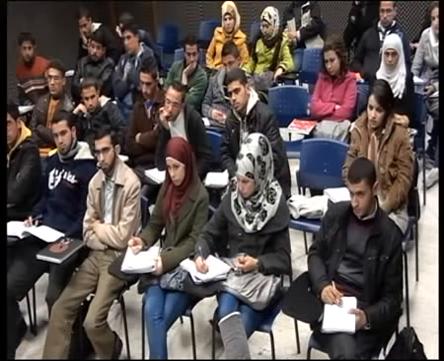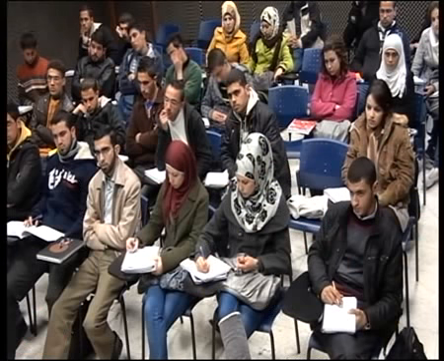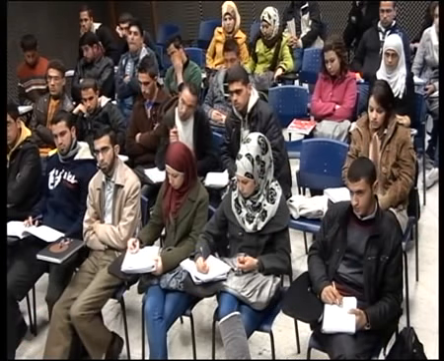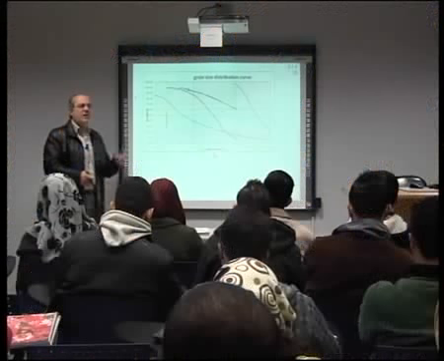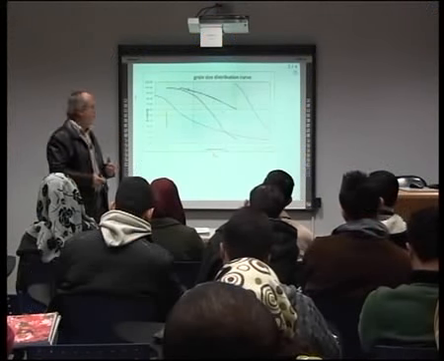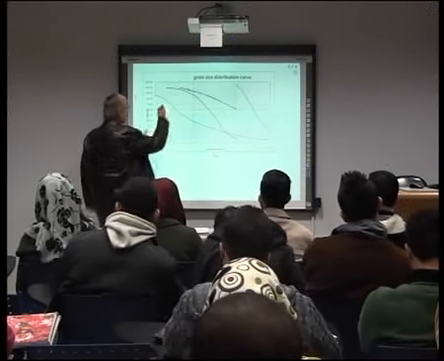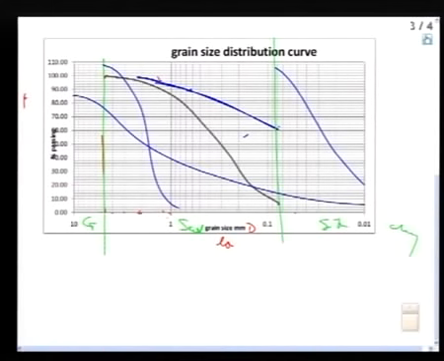So that's why we have sieve analysis, and that's why we draw this particle size distribution curve. Because from just one look, I will know how much I have. For example, if we have this, it's just sand.